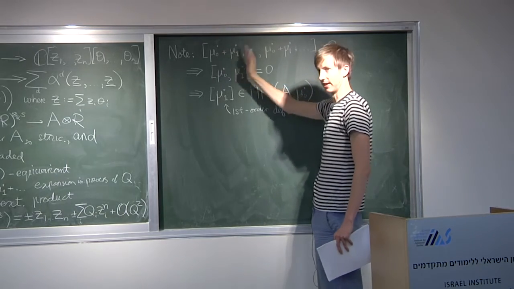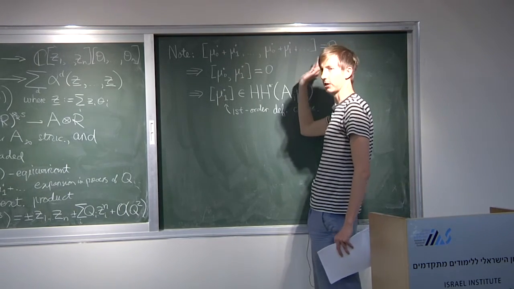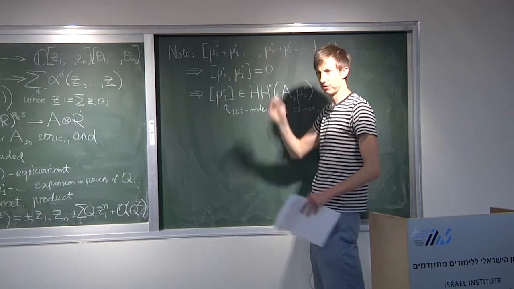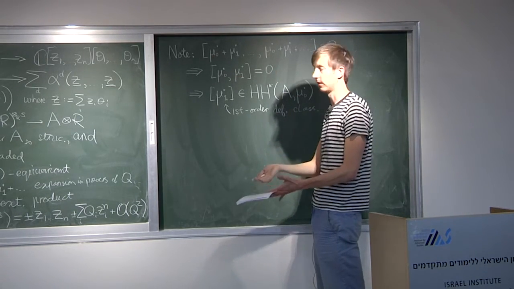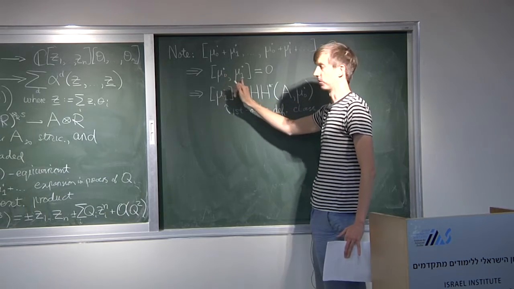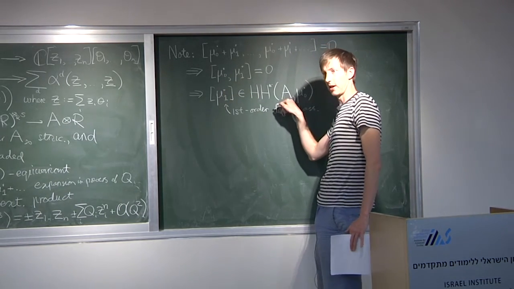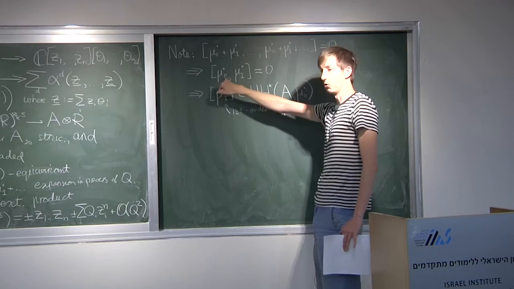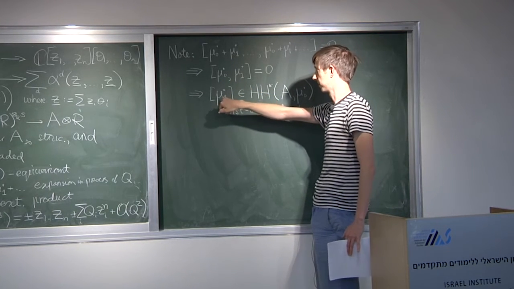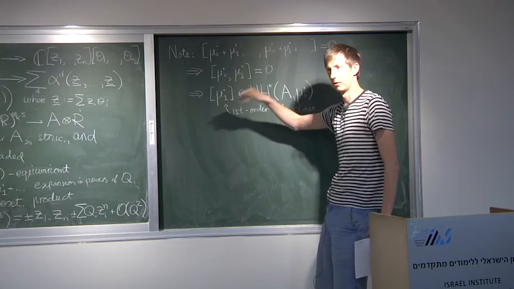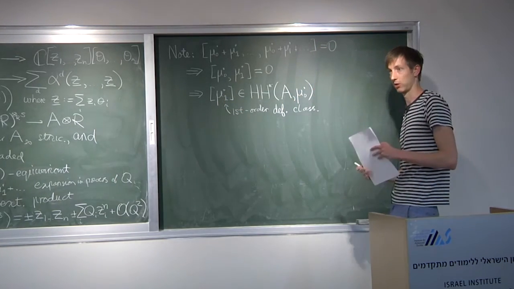Expanding this out, the 0th order term says mu naught bracket mu naught is 0, so mu naught is an A infinity structure. The first order term says mu naught bracket mu 1 is 0. The Hochschild differential is bracket with mu naught, so this says the Hochschild differential of mu 1 is 0. So it gives us a class in Hochschild cohomology.